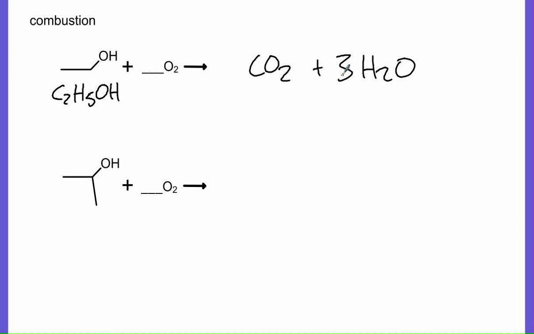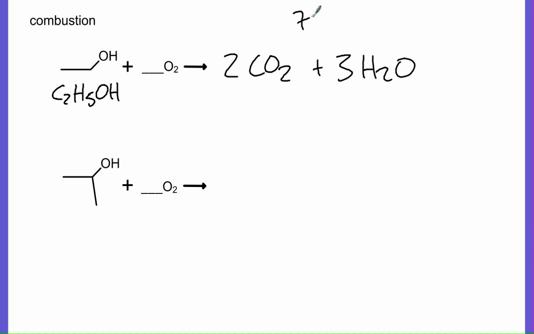Because when it's all said and done, let's balance the rest of this. 2 carbon dioxides, 3 waters, and between those 2 products, I'm going to have 7 oxygens. Makes it look like a 70, right? So 7 oxygens. But on the left, I need 7 oxygens.